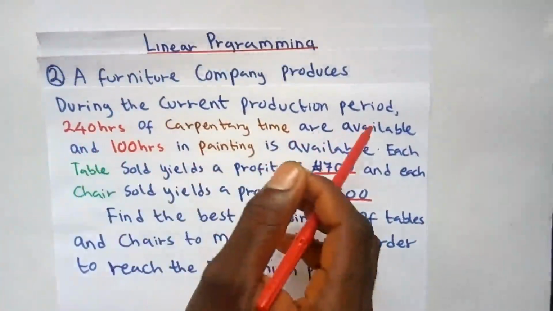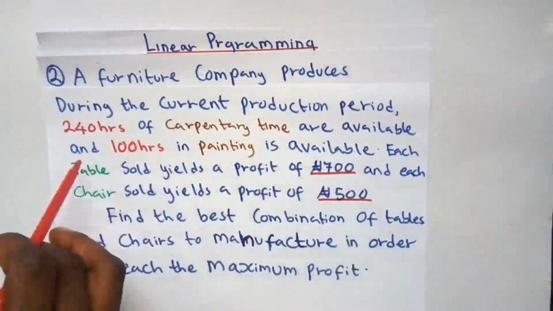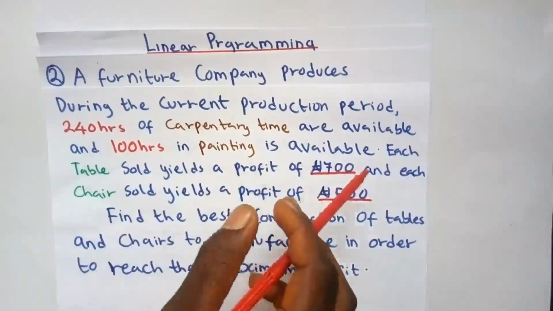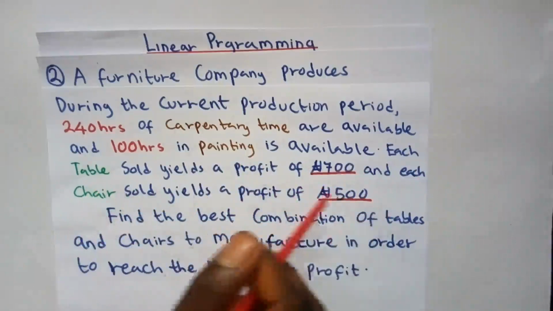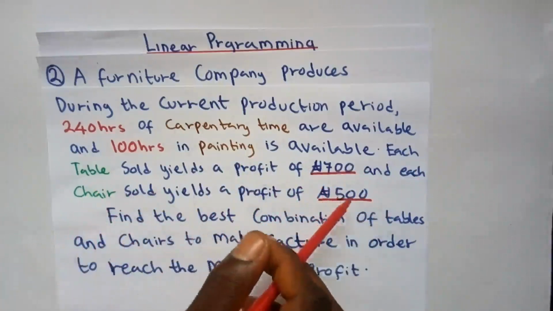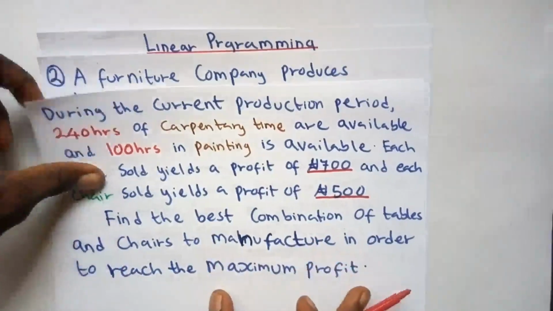During the current production period, 240 hours of carpentry time are available and 100 hours in painting is available. Each table sold yields a profit of 700 naira, and each chair sold yields a profit of 500 naira. Find the best combination of tables and chairs to manufacture in order to reach the maximum profit.